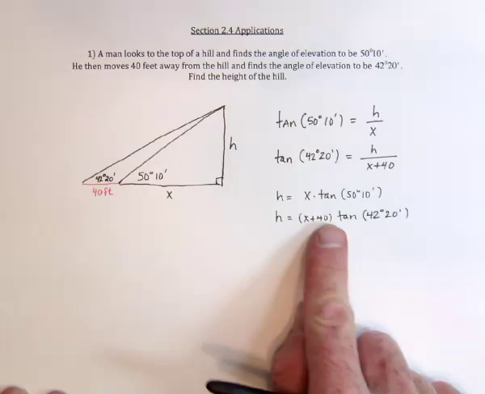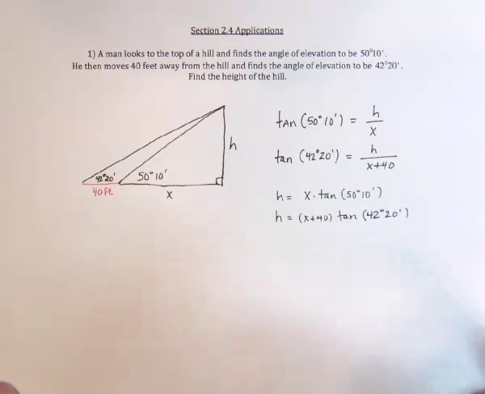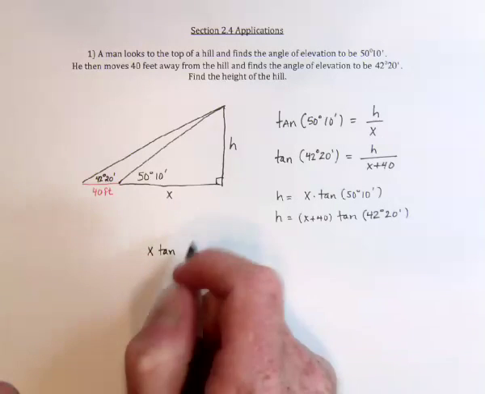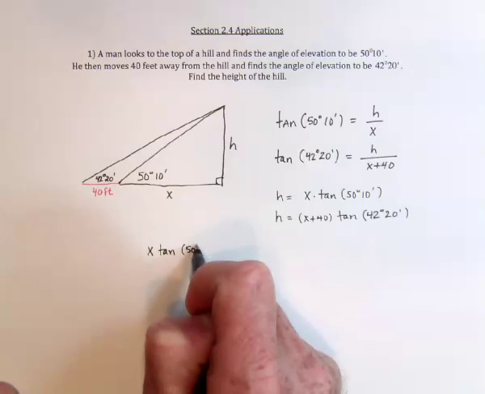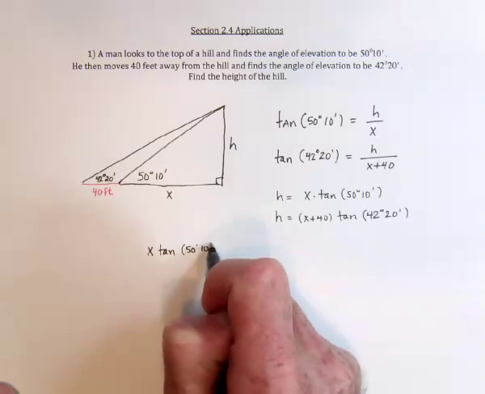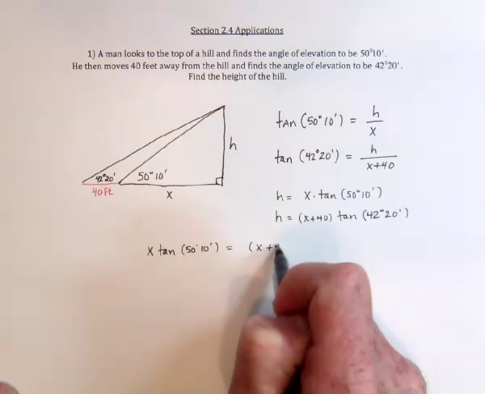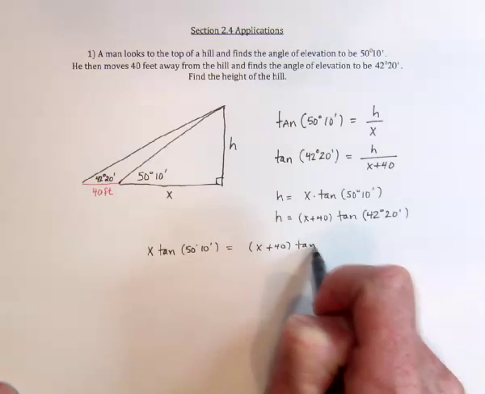And now these two can be set equal to each other. So x times tangent of 50 degrees 10 minutes is set equal to x plus 40 and then tangent of 42 degrees 20 minutes.